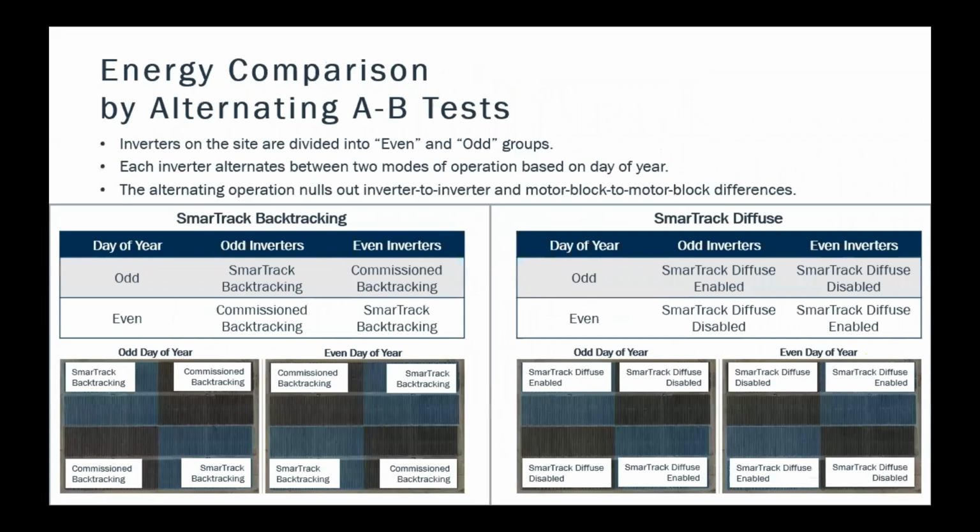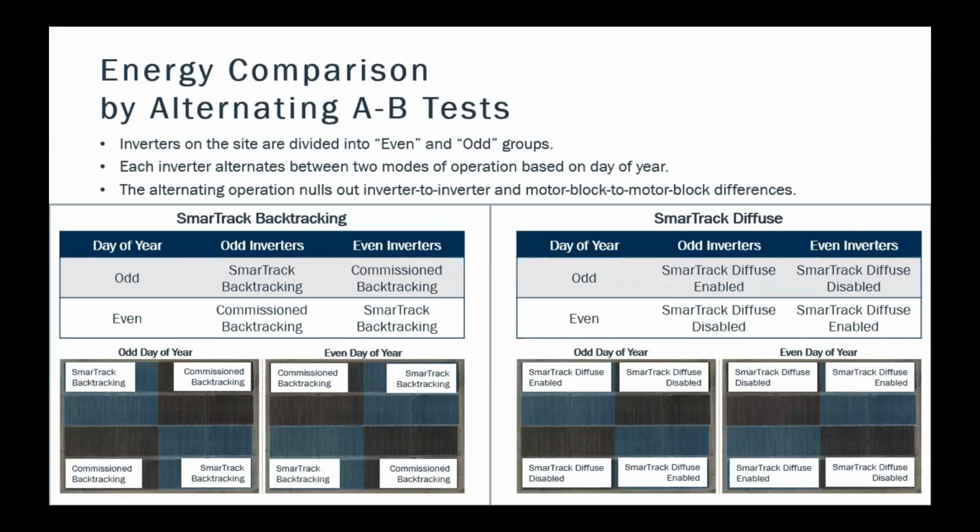So this A/B test, we use an alternating operation procedure to compare the energy produced by SmarTrack relative to baseline or commission case. The inverters on the site are divided into two groups, even and odd, and they should have roughly equal capacity.